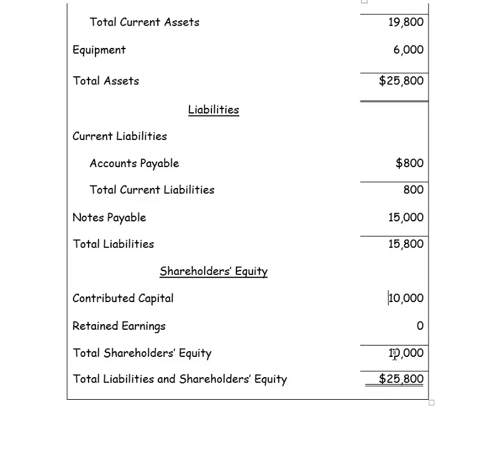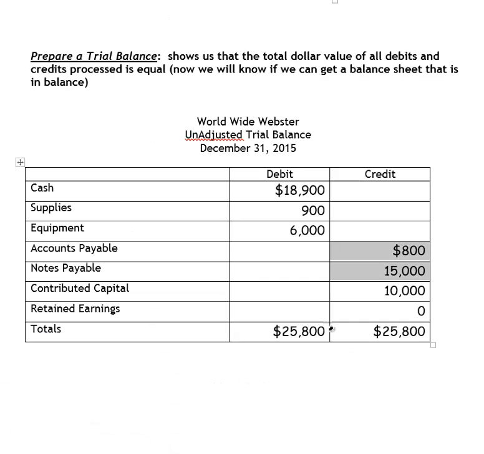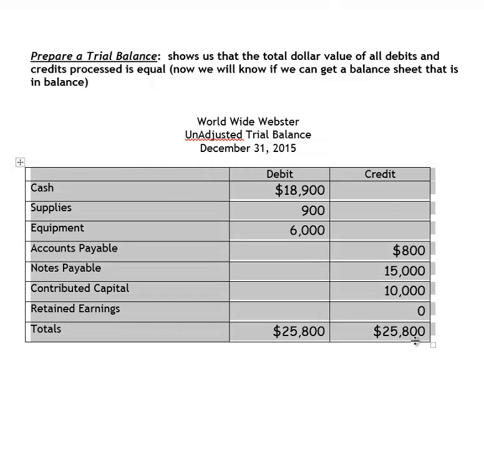So you're going to get your total shareholders' equity, which adds up contributed capital and retained earnings, of $10,000. So your total liabilities and your total shareholders' equity will give you total liabilities and shareholders' equity of $25,800, which equals total assets. So we know that our balance sheet is now in balance using all the balances that we had in the unadjusted trial balance, which was here.